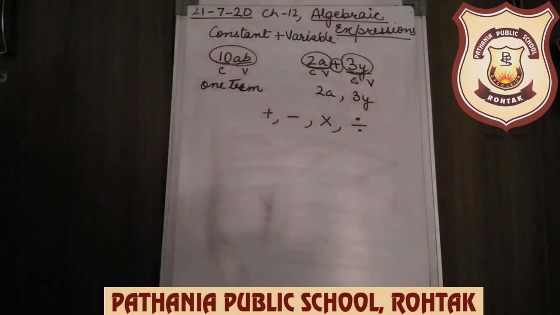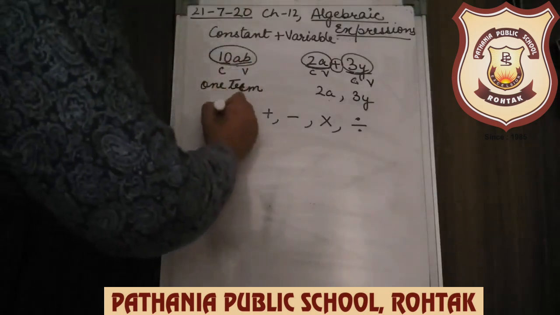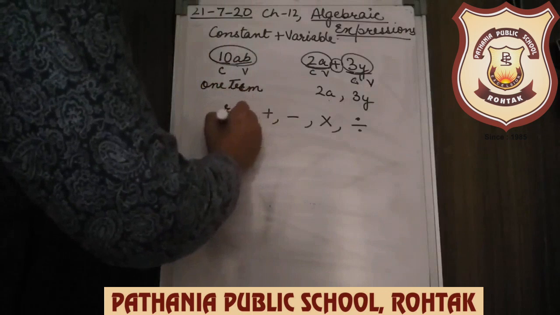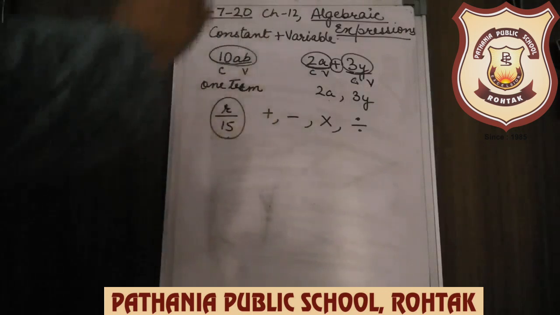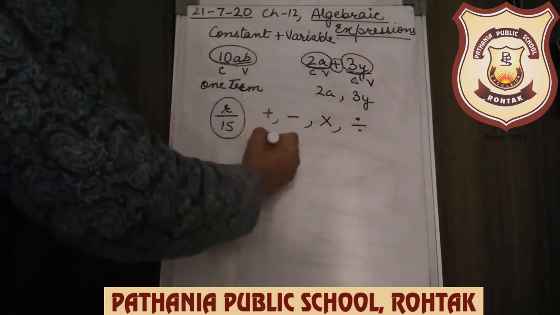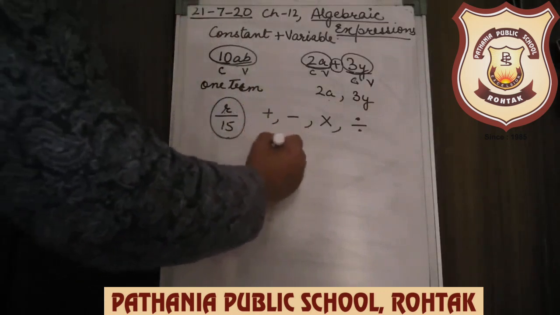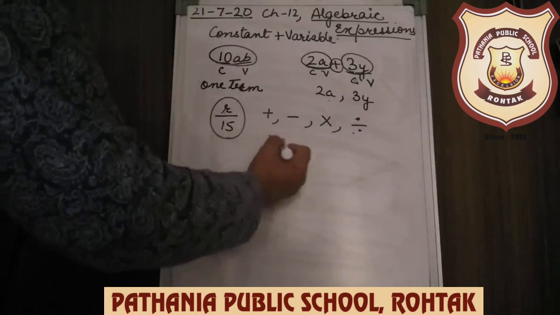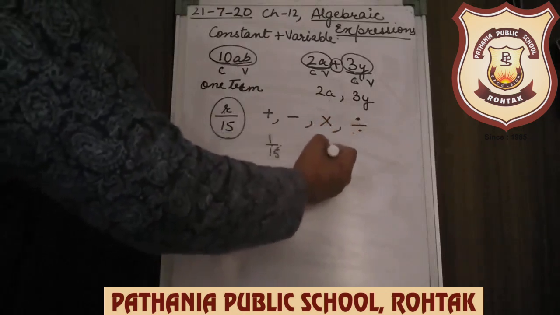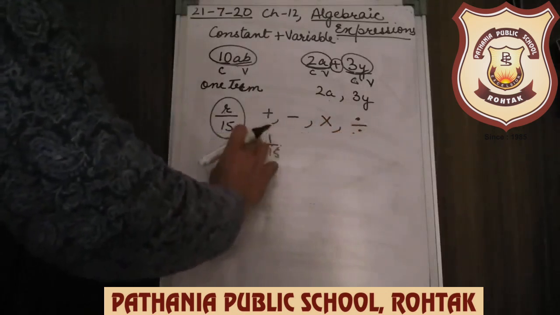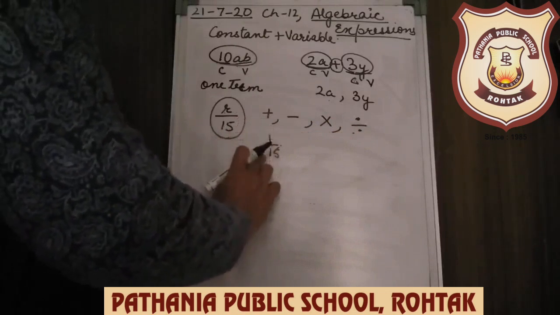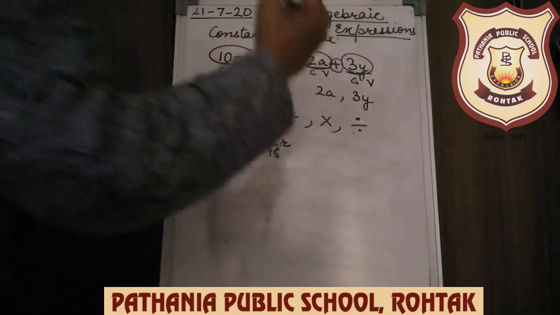These are the four arithmetic operations with which you solve your sums. There can be r upon 15. This is also an algebraic expression where 1 is the numerator, 15 is the denominator and this is the sign of division. So instead of writing 1r divided by 15, we have written r upon 15 and r is the variable.